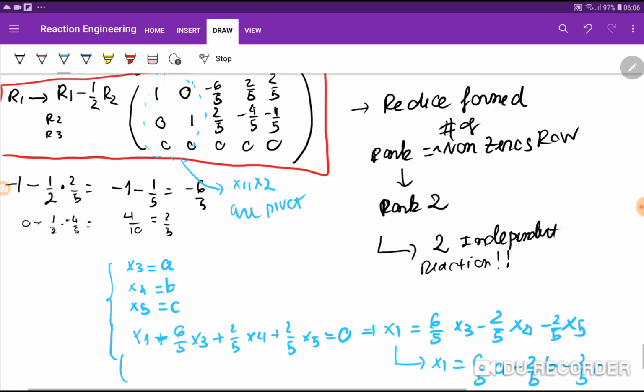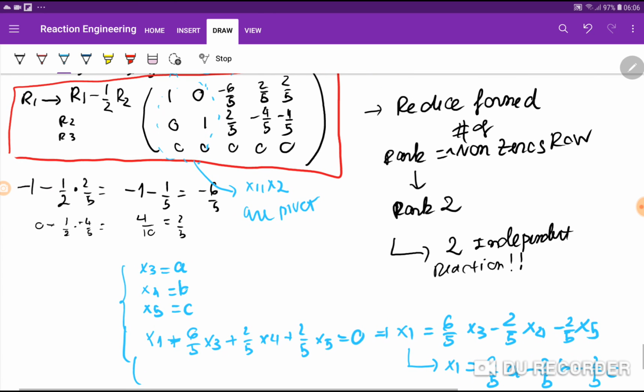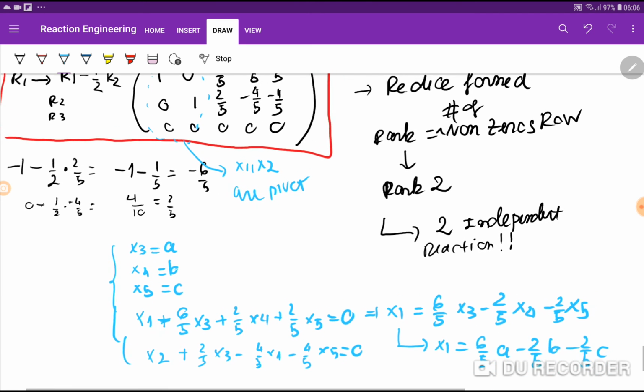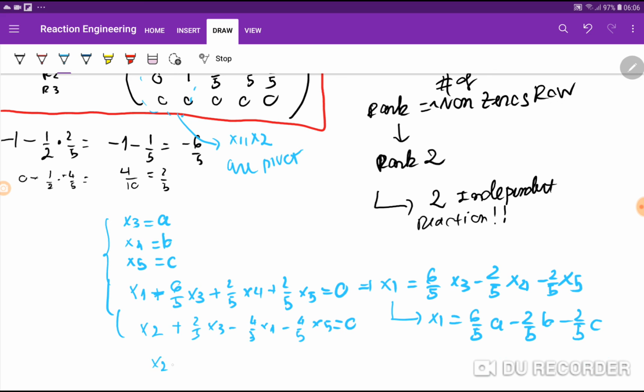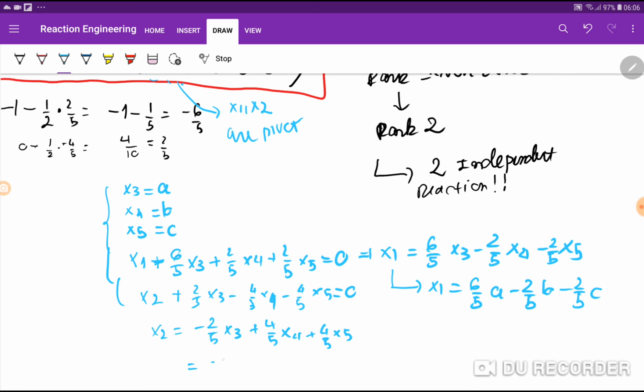And then similarly, x2 plus 2/5 x3 minus 4/5 x4 minus 4/5 x5 equals 0. I'm just reading off row 2. So x2 equals negative 2/5 x3 plus 4/5 x4 plus 4/5 x5. Sorry for my handwriting, guys. It will become negative 2/5 a plus 4/5 b plus 4/5 c.